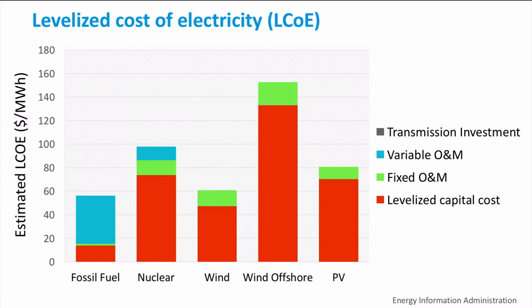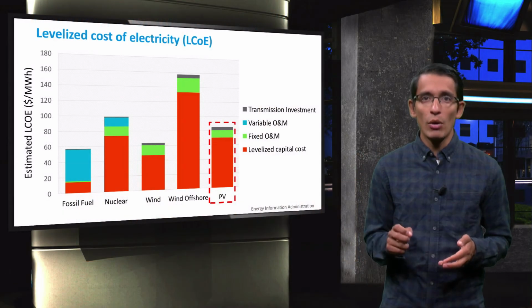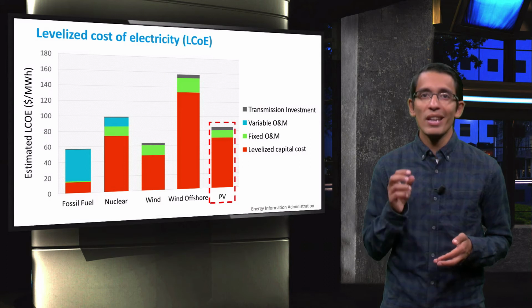The variable operational and maintenance costs are shown in blue, which are present in fossil fuels and nuclear generation technologies. The transmission costs are shown in gray, which translate to costs incurred to access transmission lines. Hence, finally we can see that PV technology is getting increasingly competitive with fossil fuels with an estimated levelized cost of electricity of $85 per megawatt hour for plants entering service in 2022.